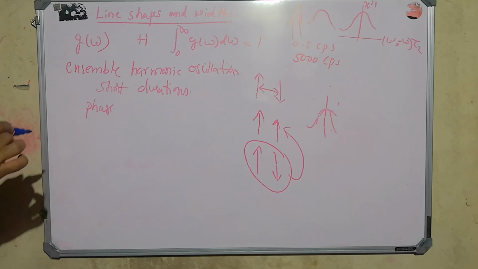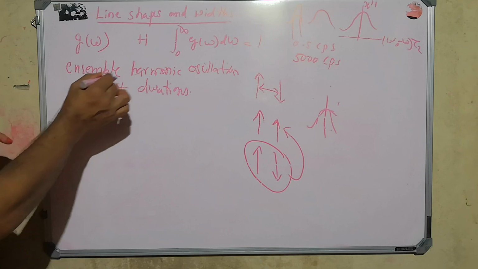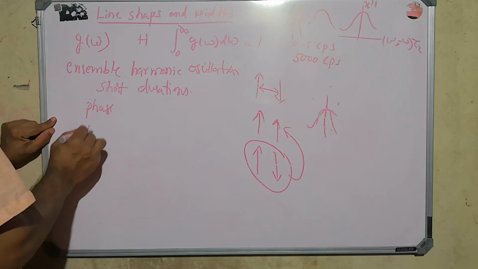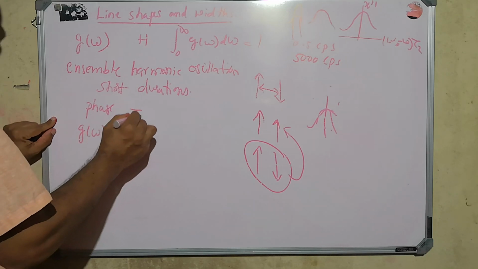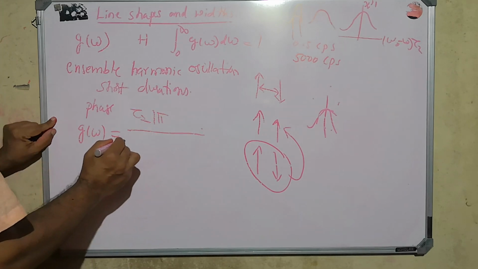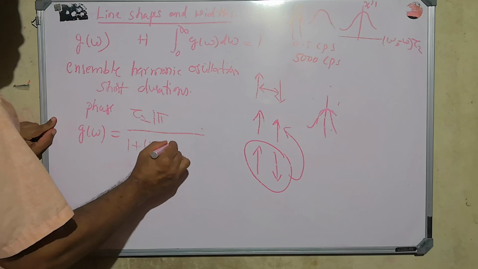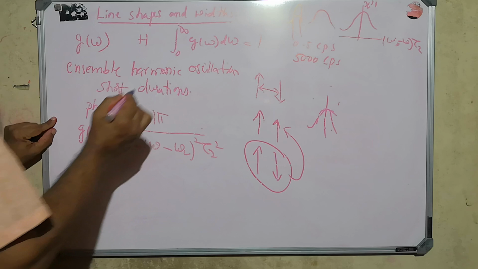Then here, just like the Bloch equation, Lorentz also deduced the expression for g of omega for liquids and gases as tau 2 divided by pi divided by 1 plus (omega minus omega L) whole square into tau 2 square.